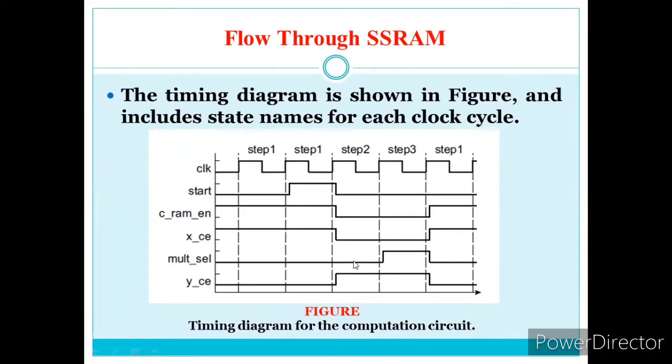When the multiplexer select line is 0, it performs the coefficient multiplication, because the coefficient has already been read when start is 1 and X is 1, and it stores the result. Then the select line of the multiplexer is changed to 1, and since the data is already available, it multiplies the previous result with the available value of X and stores the result in step 3. So this is the control sequence for the given timing diagram of a flow-through SSRAM.